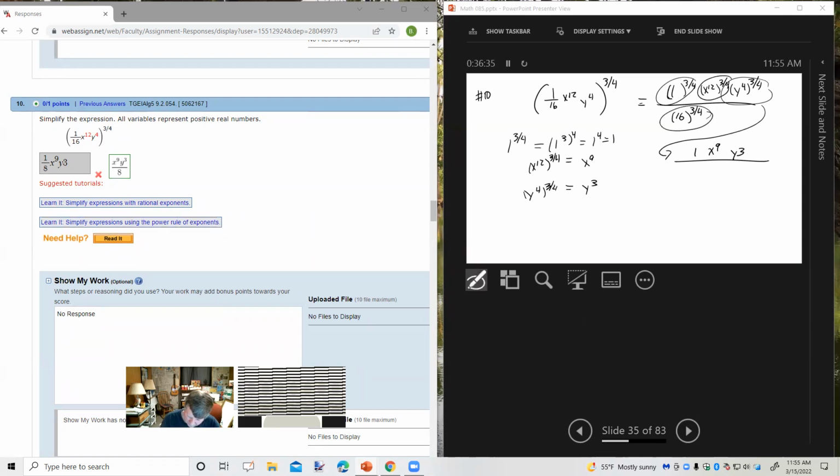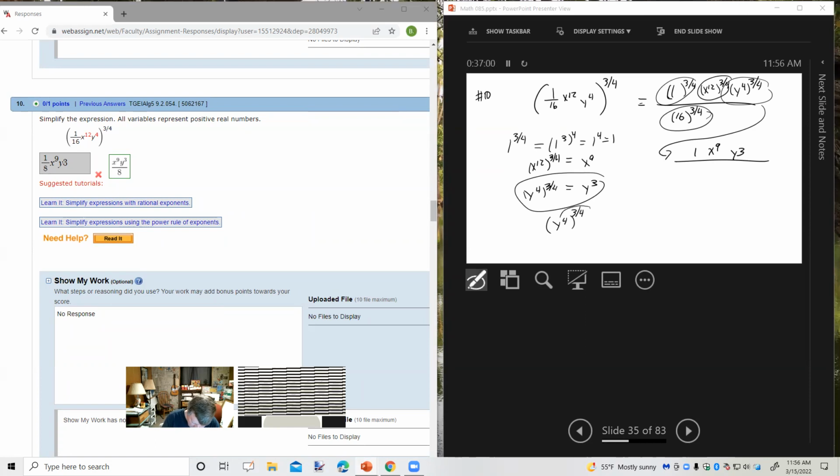Okay, hold on just a second. Sure. I'm getting really confused. So go back to the y that we were just on. So y to the 4th and then y to the 3/4. How are we getting the 3 again? Okay, it's not y to the 4th, y to the 3/4, it's y to the 4th to the 3/4. Right.